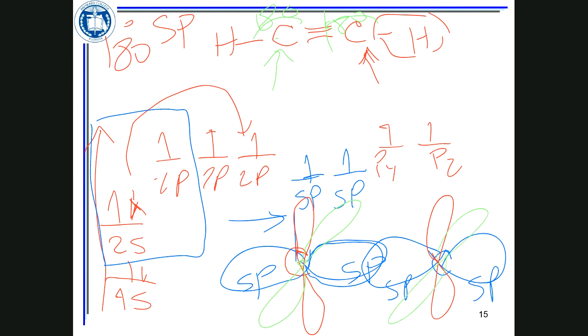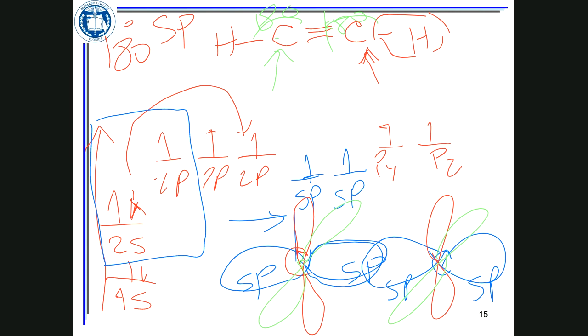So what type of bonding is forming when the sp orbitals overlap? Sigma or pi? What type of bonding is this, the two sp, this bond?